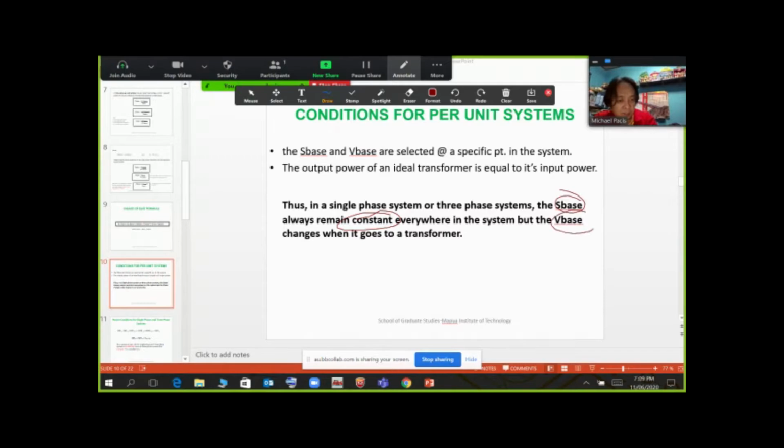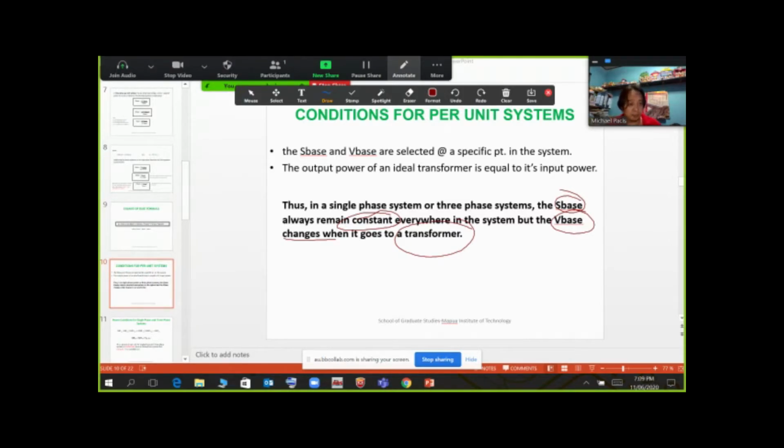But the voltage base will change when it goes in or out of the transformer. Simply because what will be the function of a transformer if it does not convert voltage, step up, step down voltage or step up, step down current, right? The only thing that is unaffected, when we say ideal, is the power and the angle.